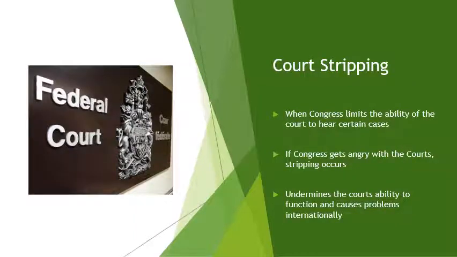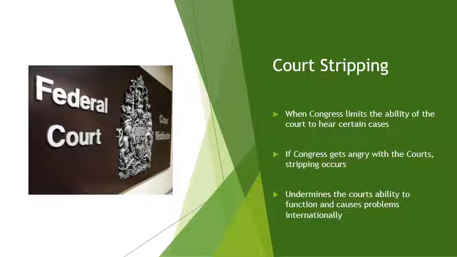The next kind of disadvantage to talk about is court stripping, that the Congress could limit the ability of the court to hear certain cases. So Congress actually has the ability to control the jurisdiction of the court, what kind of cases the court can hear, and if the Congress gets angry with the courts, they will strip it.